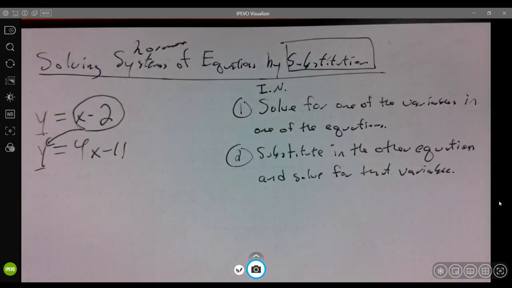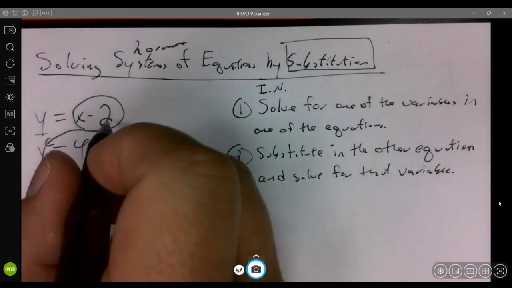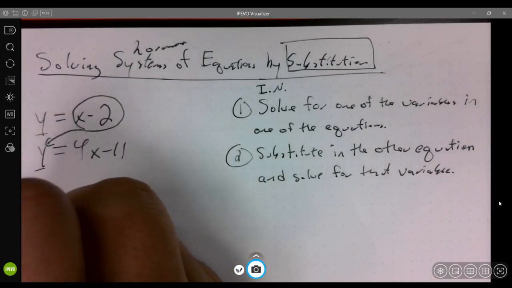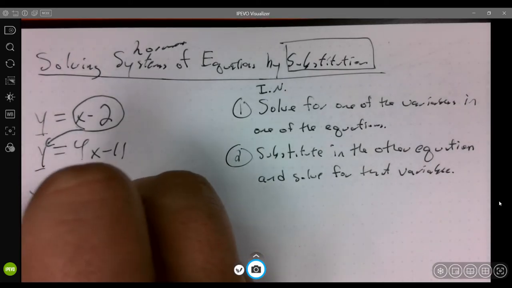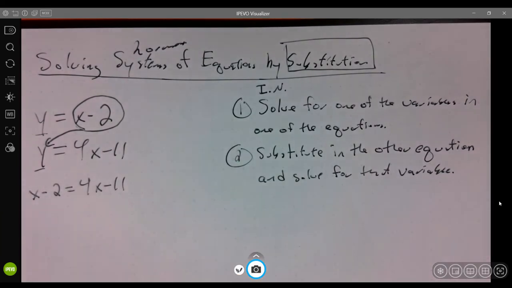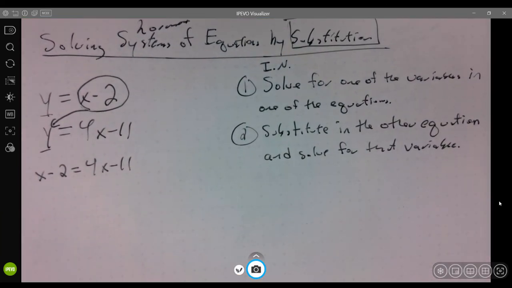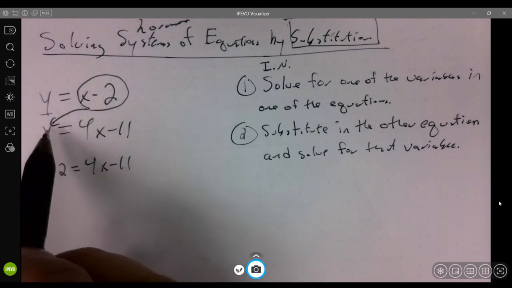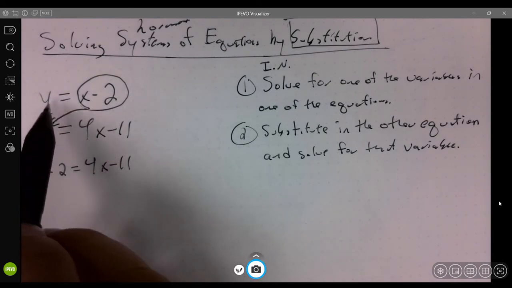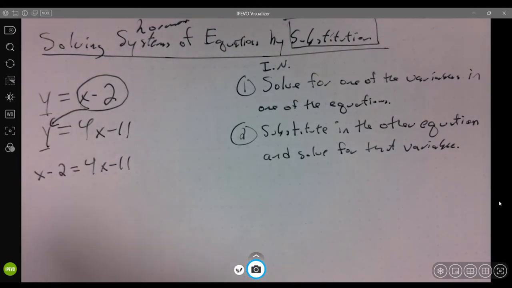Just like if I said y is 7, you could plug in y is 7. Well, instead of plugging in 7, I'm going to plug in x minus 2. So now I have x minus 2 equals 4x minus 11. So I did that part. I substituted in for y.